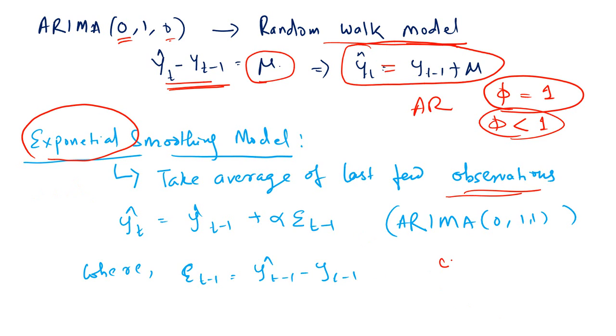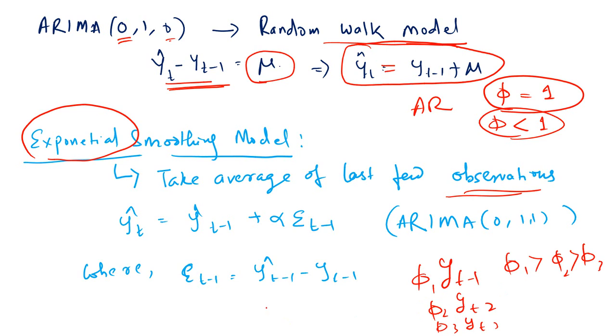That means yt-1 will have a coefficient higher than yt-2 and yt-3 and so on. So in this case alpha 1 will be greater than alpha 2, which is greater than alpha 3.